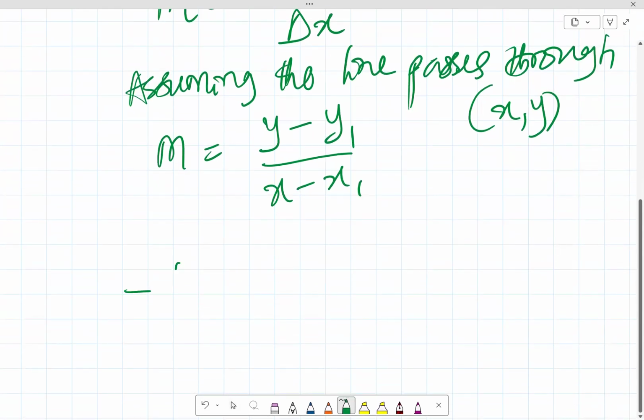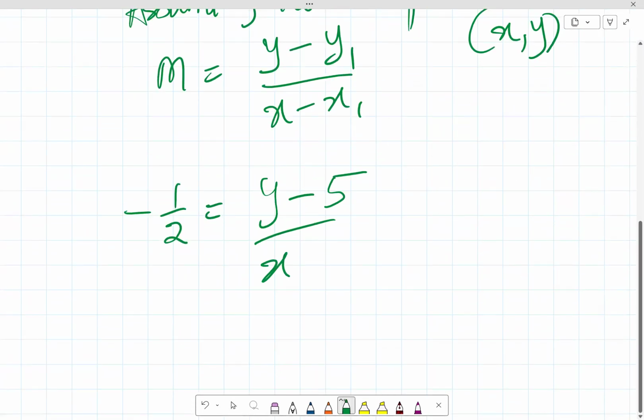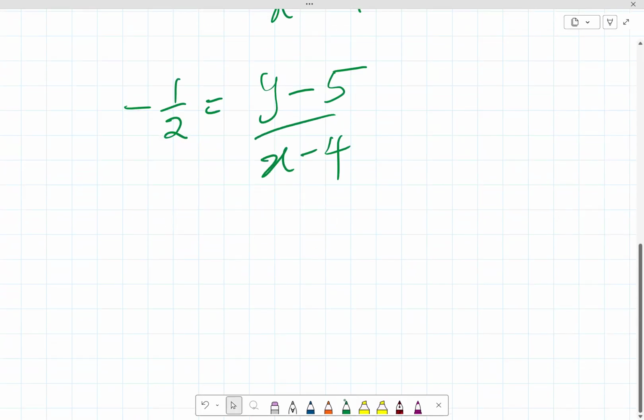Okay, so we can then have y minus y1 over x minus x1, and that is the value of the slope. So now we have minus 1 over 2 equals y minus y1, so that's y minus 5, all over x minus x1, which is 4. So here we can multiply through by 2.